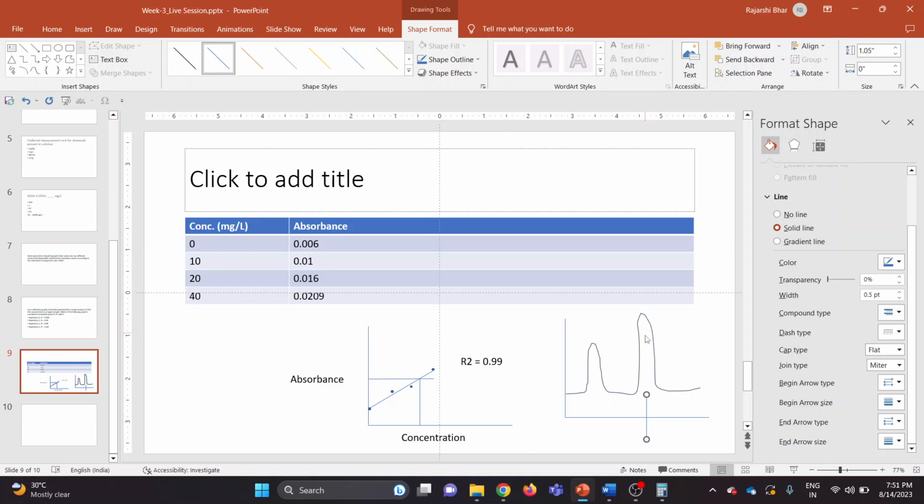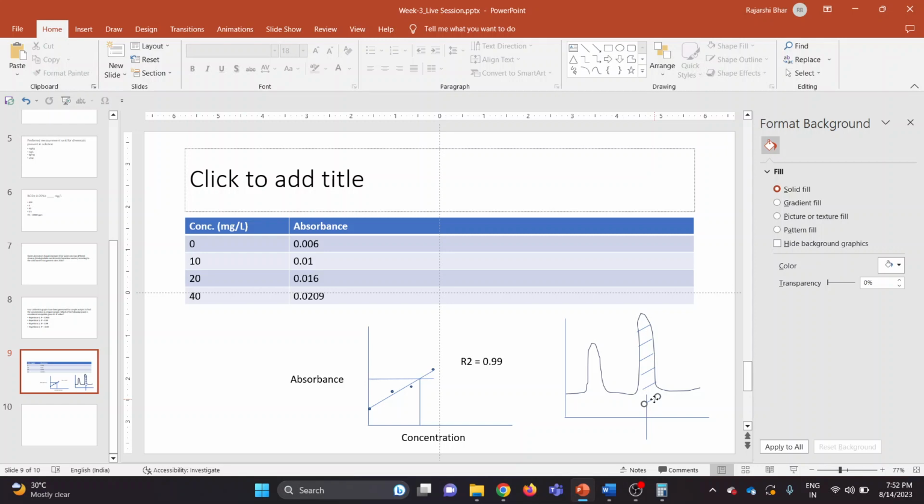That is, you can see this whole part, for example. The area under this peak can spread out a bit, like till here, till the base of this line.